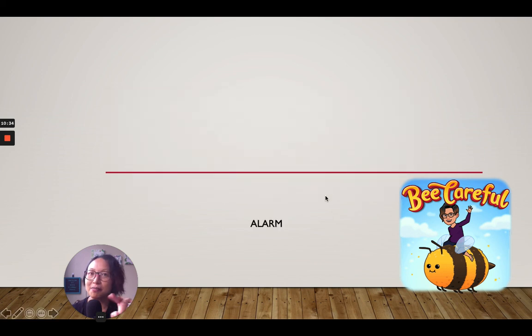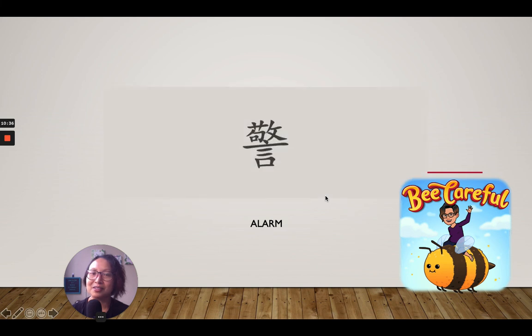And it could be in the middle of the word. It could be at the bottom of a word. So the word 警, it could be 警報, alarm. It could be 警察, police. So this word right here does have the 言字邊, but the 邊 is not on the left. It is at the bottom, 喺下邊嘅.